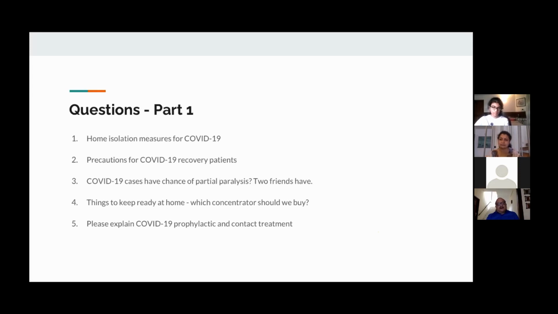So they can be isolated as much as possible in a separate corner of the house and wear a mask all the time. And the risk of transmission of the disease reduces dramatically after the first week. So people need not be treated like pariahs and kept in a room for weeks to months together. That's not required.